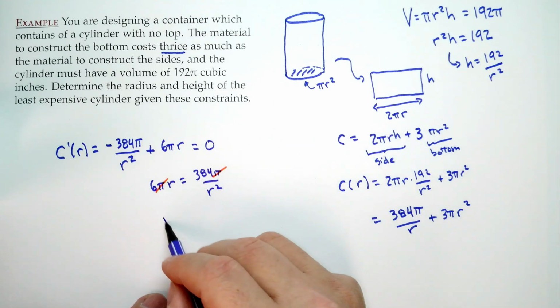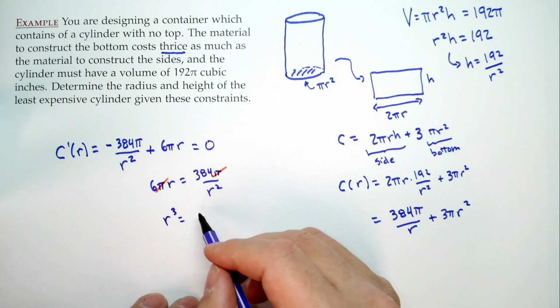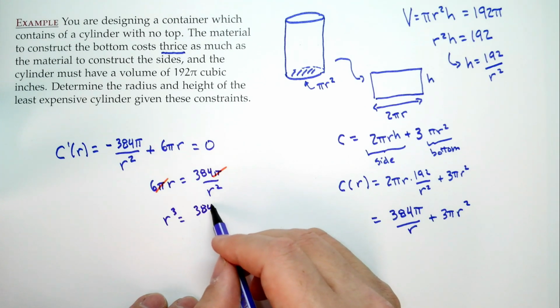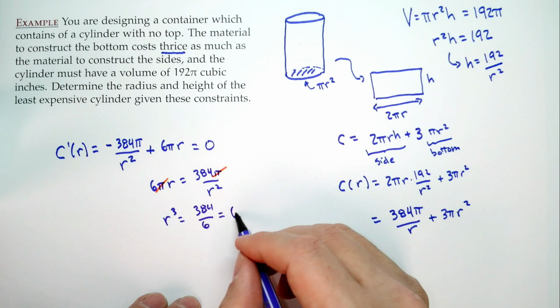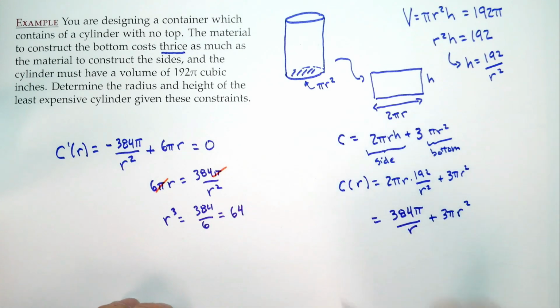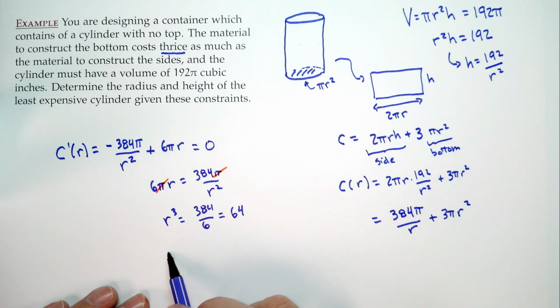If we did that, we'd get r cubed is equal to 384 divided by 6. And we say, boy, I hope that's a nice number. It turns out it is. It's 64. Nice. That is nice. Okay, so then what is r? Well, the cube root of 64 is 4.